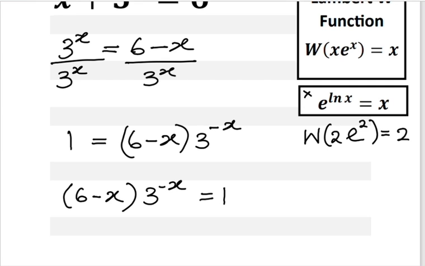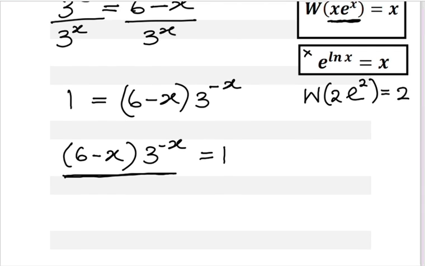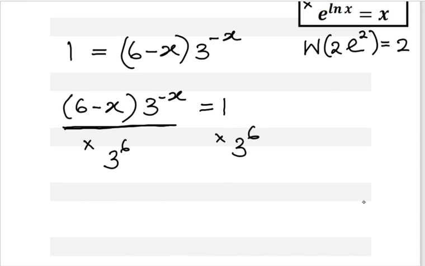So the idea here is I'm going to try to transform this to be of the form of the Lambert W function trick, so we can apply this function. So what do we do? We multiply both sides by 3 to the power of 6. And if we do that and we rearrange this, we're going to have negative x plus 6 times 3 to the power of negative x times 3 to the power of 6.